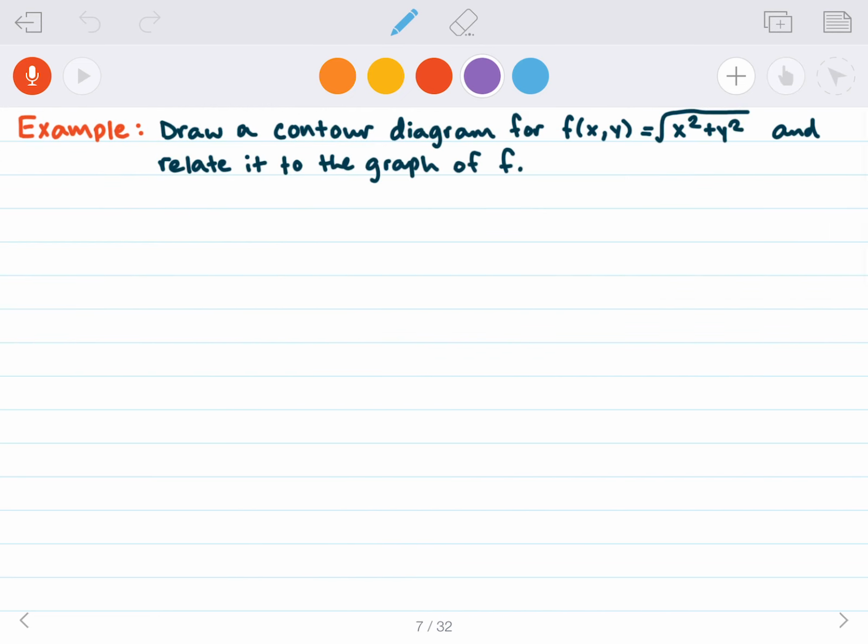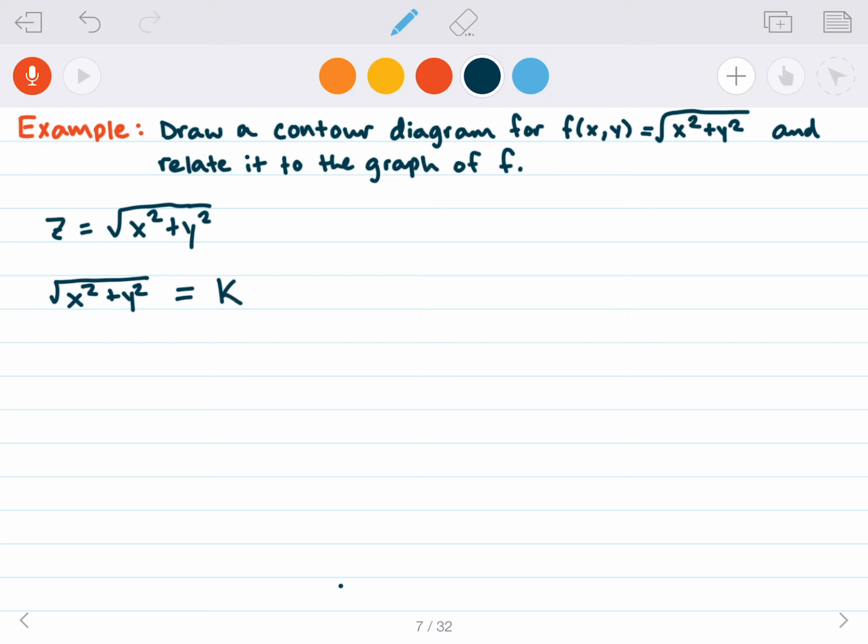So let's do another example. Here we have a surface defined by f of x, y equals the square root of x squared plus y squared. So in other words, we have z equals the square root of x squared plus y squared. And so the first thing I'm going to do is take my surface, x squared plus y squared, square root it all, and set it equal to k, because I'm going to let k vary.